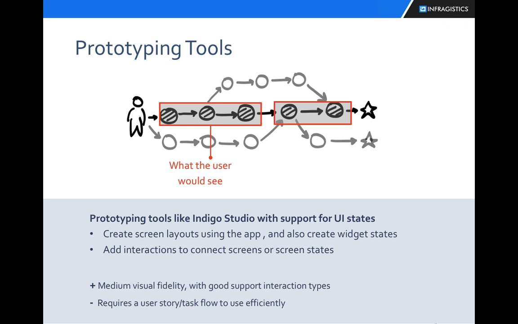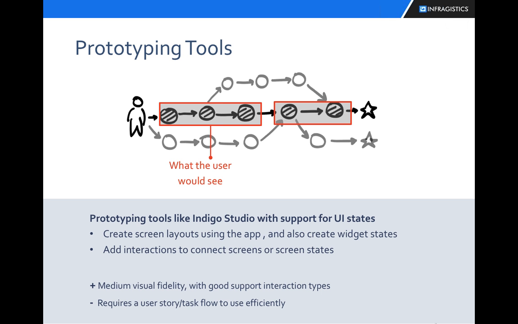The only difference between the traditional wireframing tools and prototyping tools like Axure or Indigo Studio is they really have whatever is provided by the wireframing tools, which is a UI element library to drag and drop to design your screen. On top of that, they have this concept of states.